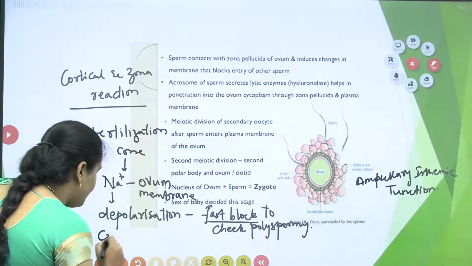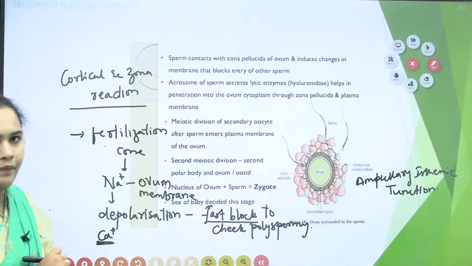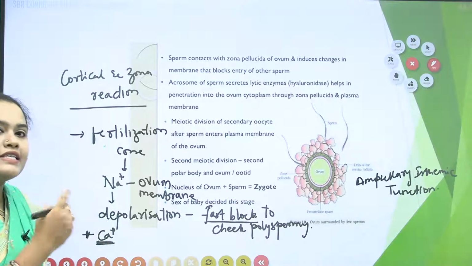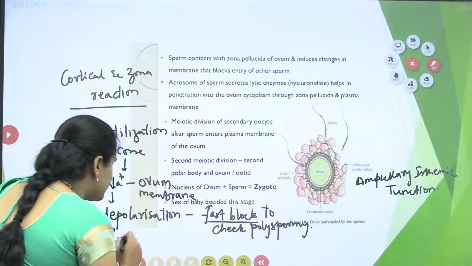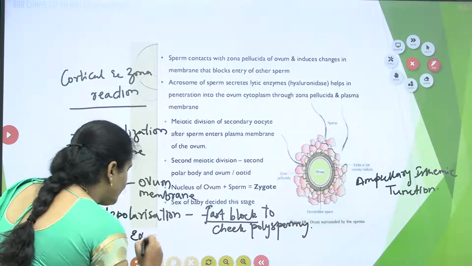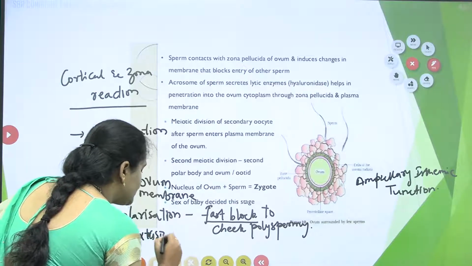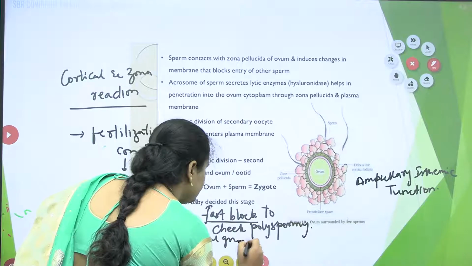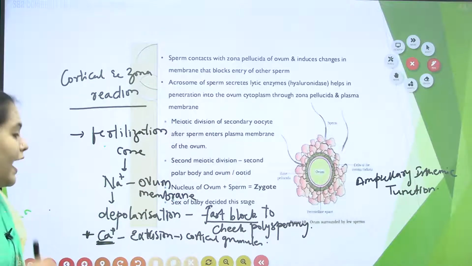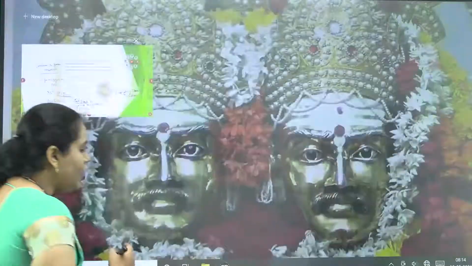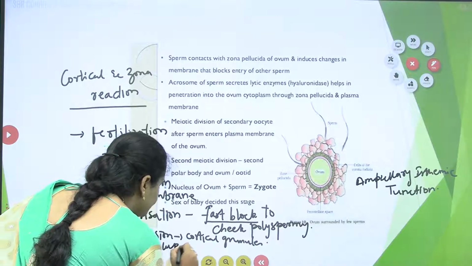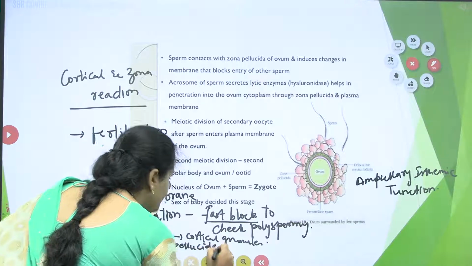Meanwhile, the calcium ions will enter into the ovum. These calcium ions will cause the extrusion of the cortical granules, and further they also cause the thickening of the zona pellucida.